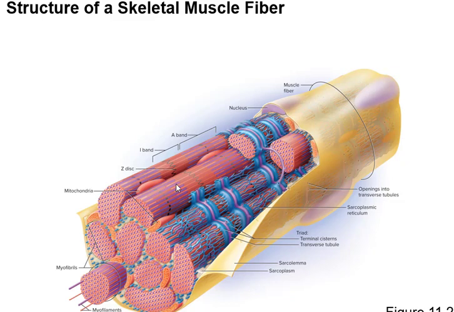So it's the length of the myosin. All right, so hopefully this is coming a little bit easier for you as we go over it a couple of times. And then in between these myofibrils, you have lots and lots of mitochondria because you're going to be needing a lot of energy to make these muscle fibers contract, relax, and then contract again.